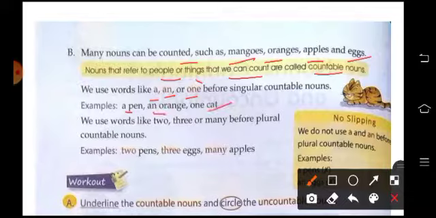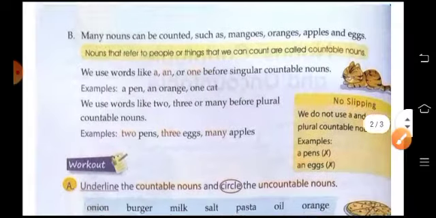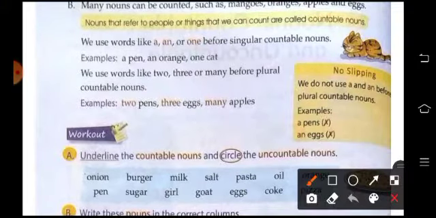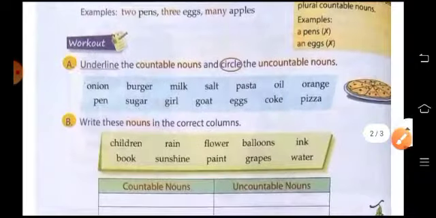We use words like 2, 3 or many before plural countable nouns, like 2 pens, 3 eggs, many apples. So we do not use a and an before plural countable nouns, like pens and eggs. So these are wrong.